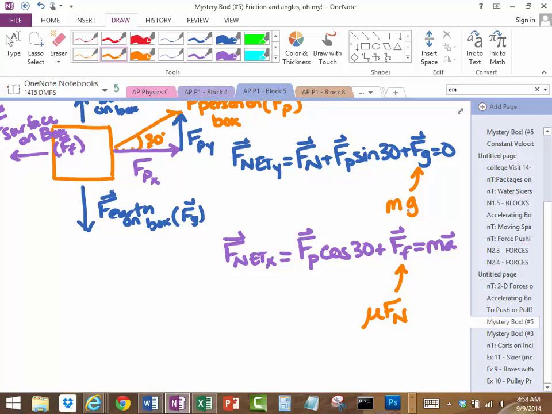We know, so now, and those two go the same direction.